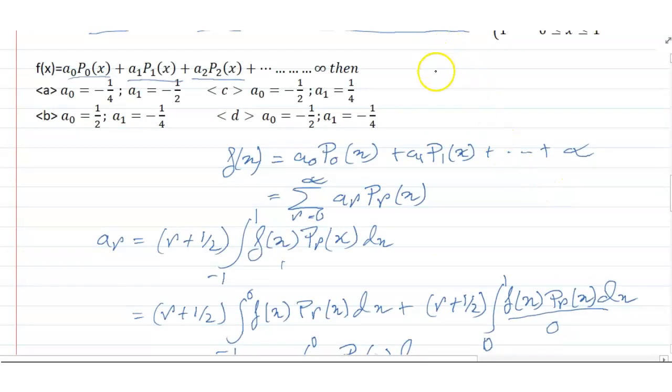Now whatever you see, a0 is equal to half into integral from minus 1 to 0 of x dx, as p0x is equal to 1. So whatever I get the value is minus 1 by 4.